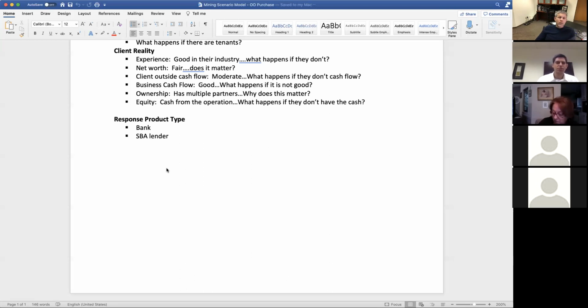Okay. So the equity goes back to cash, right? You're always going to look at their personal financial statement. You're going to do some math real quick and say to yourself, okay, they're buying a $1 million building, putting 10% down, and I only see $50,000 on their personal financial statement.